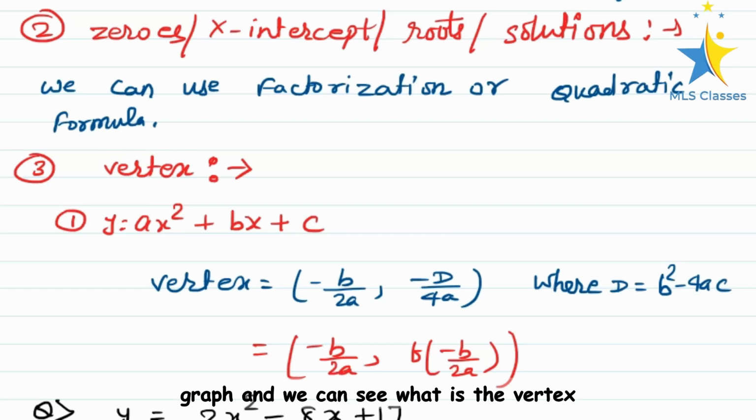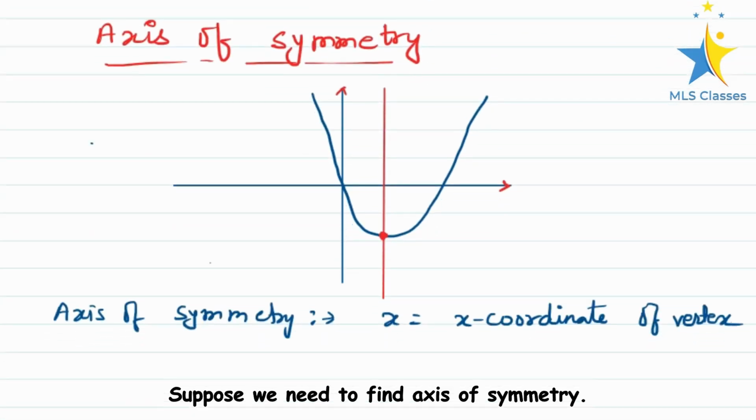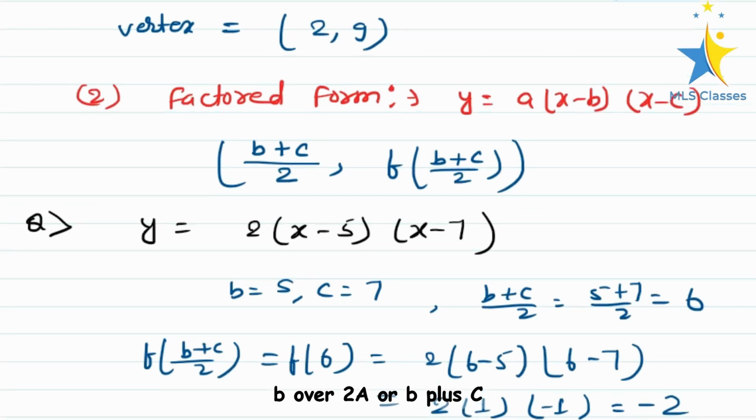We can graph it and see what the vertex is, and using that we can write the vertex form. Similarly, to find the axis of symmetry, we'll simply graph it and find it. But finding negative b over 2a or (b plus c)/2 is easier. And if it is given in factored form, then there is no worry. We can simply find it.